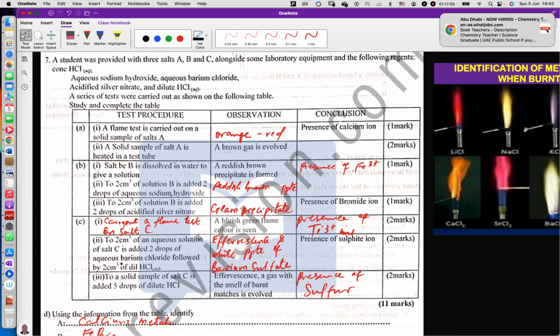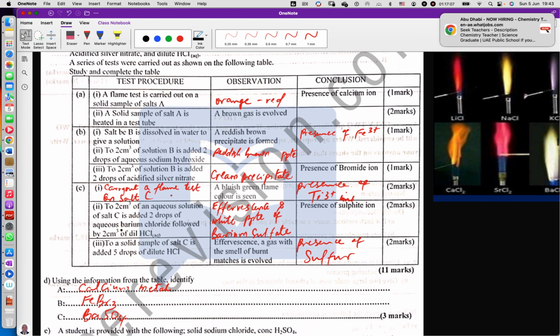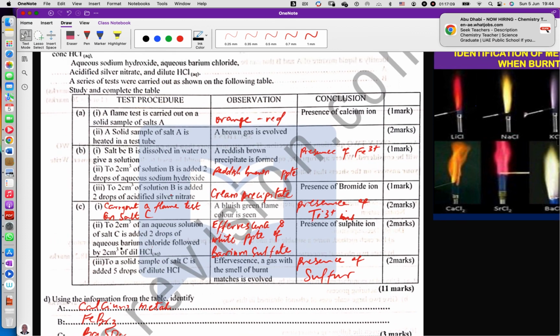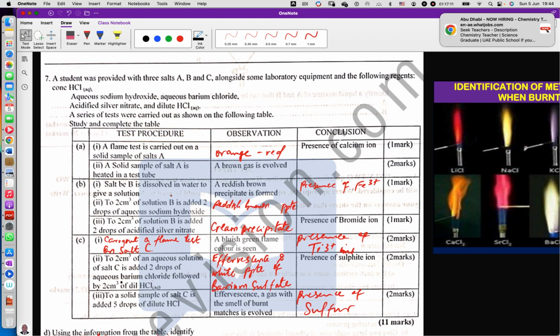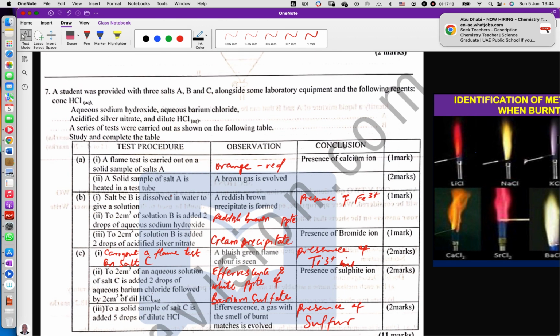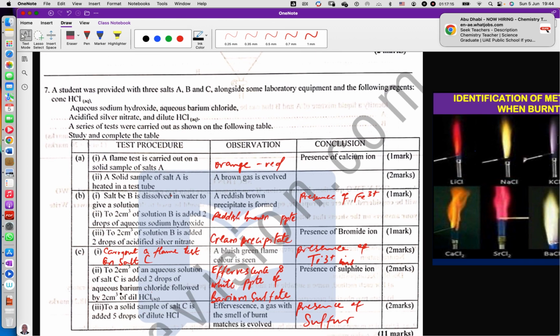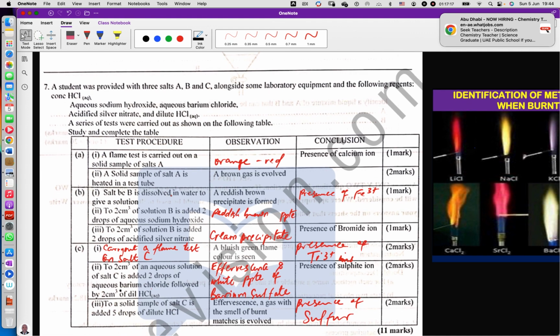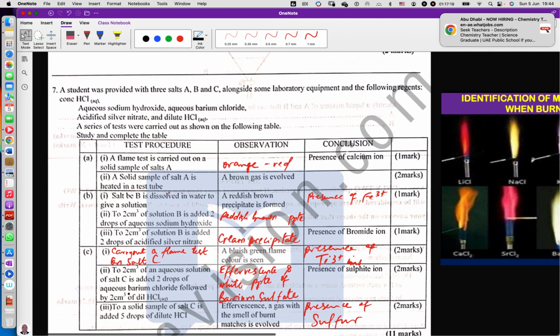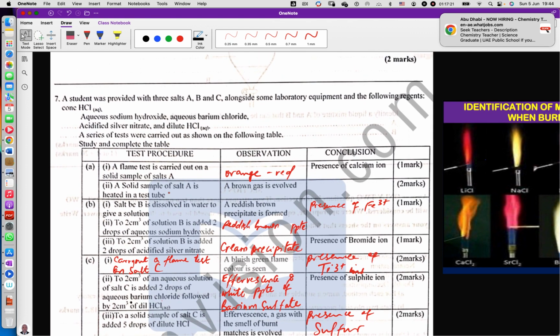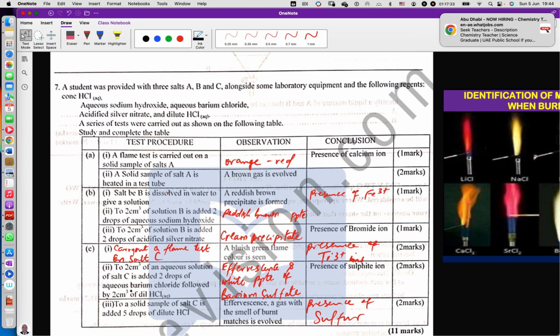For further practice, we have some laboratory work here. In this laboratory work, a student was provided with three salts, A, B, and C, alongside some laboratory equipment and the following reagents.